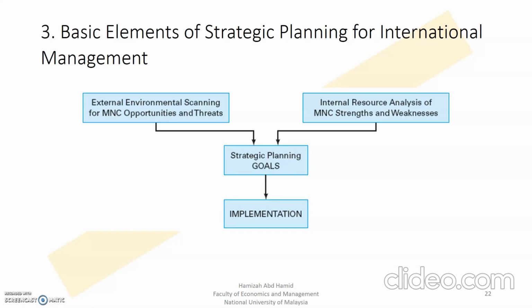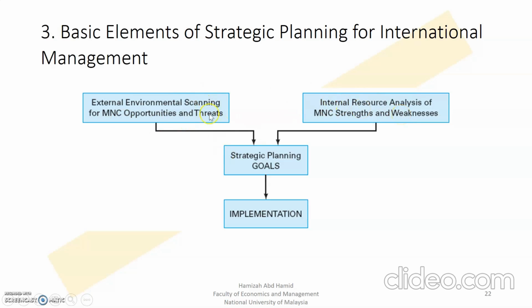So, after we have learned about all of the imperatives and also strategy, then we discuss some basic elements of strategic planning for international management. Basically, the implementation will start with external environmental scanning. You scan for opportunities and threats, and you combine that with your knowledge of internal resource analysis of your own strengths and weaknesses.